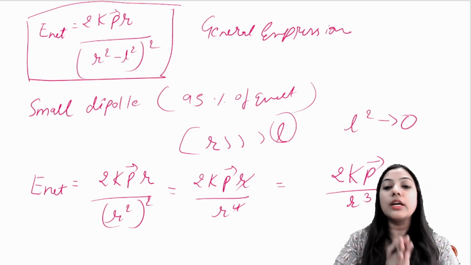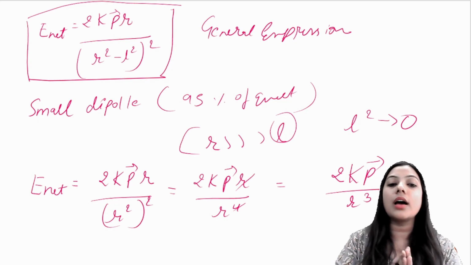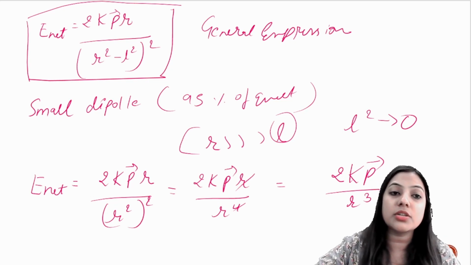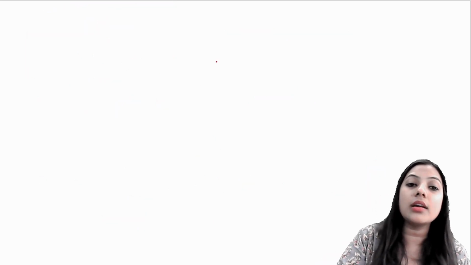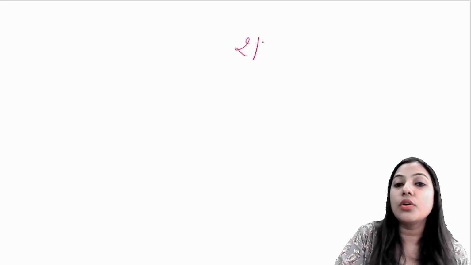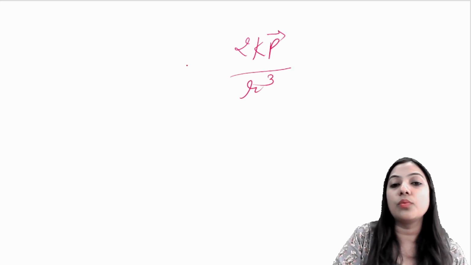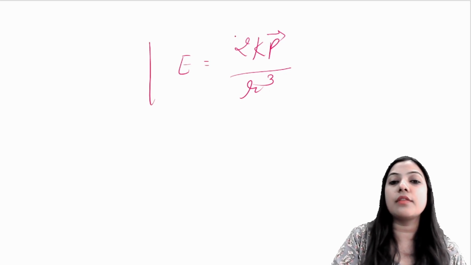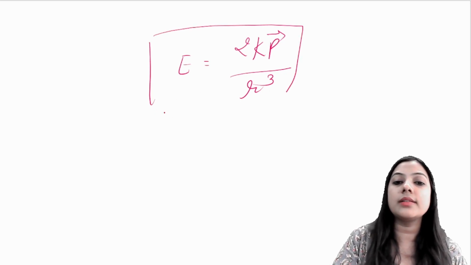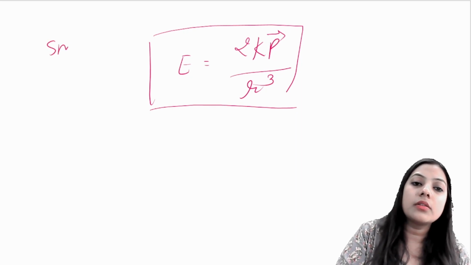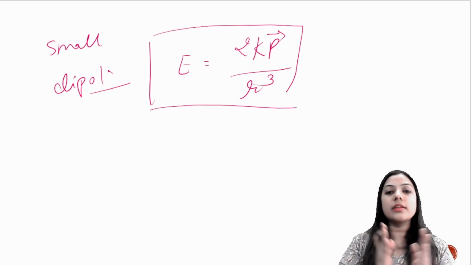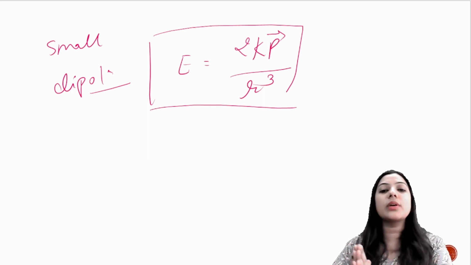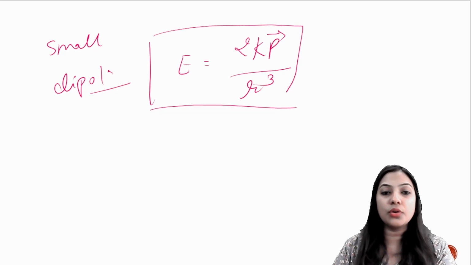This expression is very important. You have to learn 2kp vector upon r cube. This is the value for a small dipole. Okay, students, understood? E is equal to 2kp vector upon r cube.